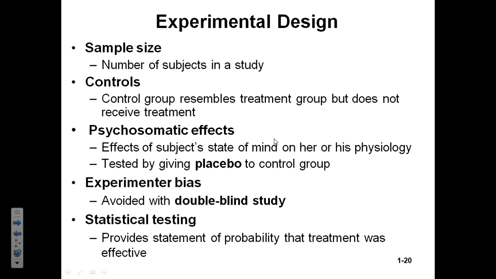All right. So when you're doing your experimental design, the number of subjects, you're going to do 5 people, 10 people from that standpoint. A control group, an experimental group. When you hear the word psychosomatic effects, what do you think that means? Psychosomatic effects. Okay, exactly.